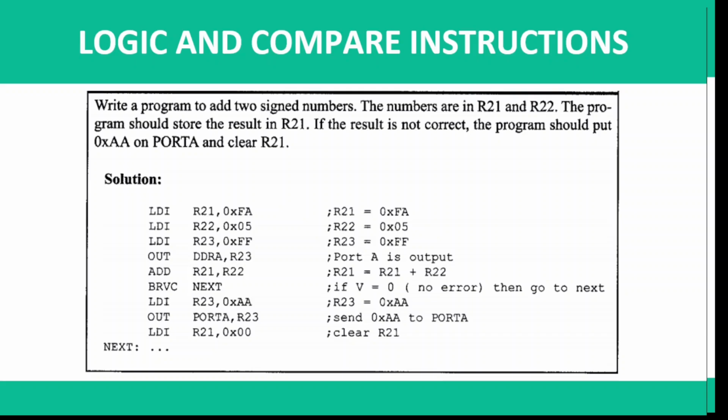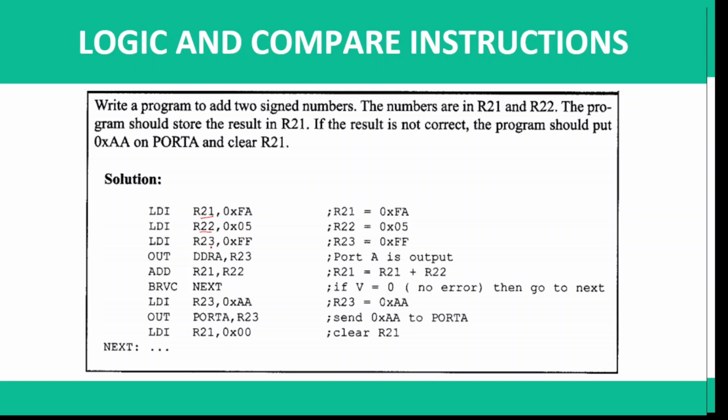So we have this example, i-add daw nato ang R21 og R22. In this example, we have a fixed value of R21 as 0xFA and R22 is equal to 0x05.